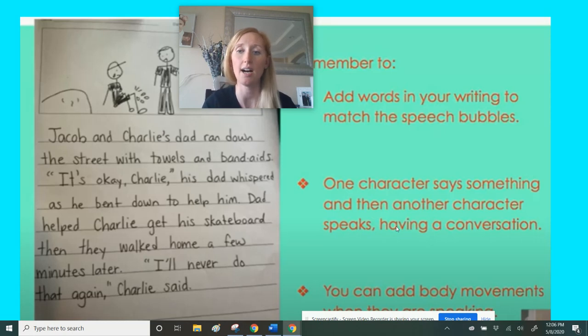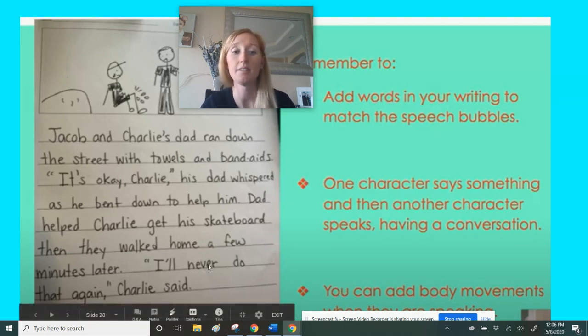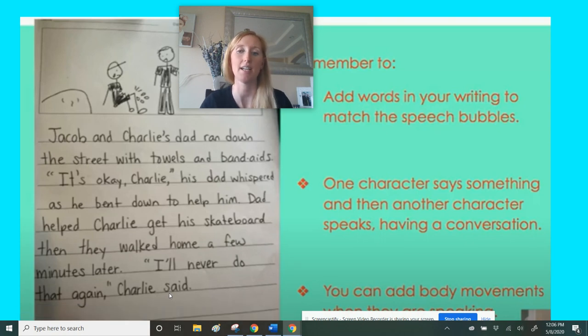They're having a little conversation, just like you would with your friends or your parents or whoever you're talking to in life. So you're going to have 2 characters talking back and forth. It's okay, Charlie, his dad whispered. And then down here it says, I'll never do that again, Charlie said. Right? So Dad's talking and Charlie's talking. Both characters are coming to life.